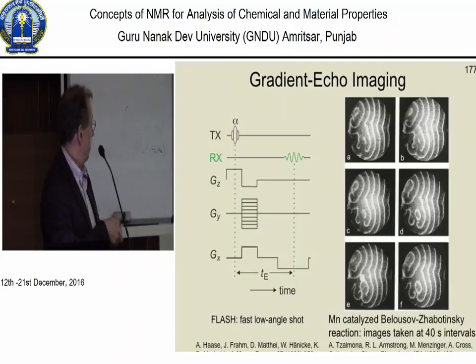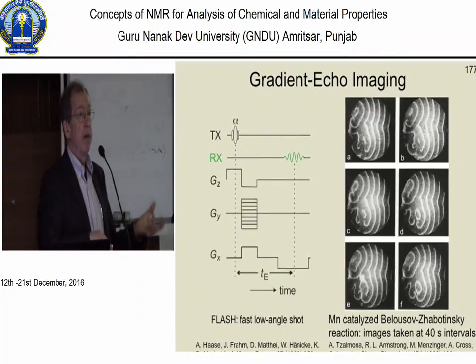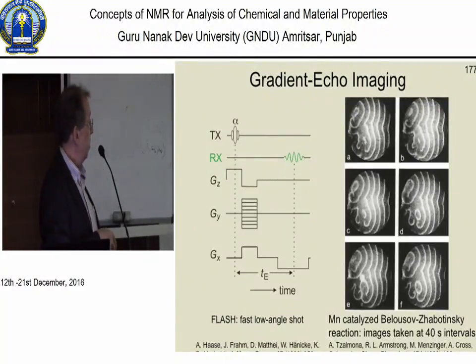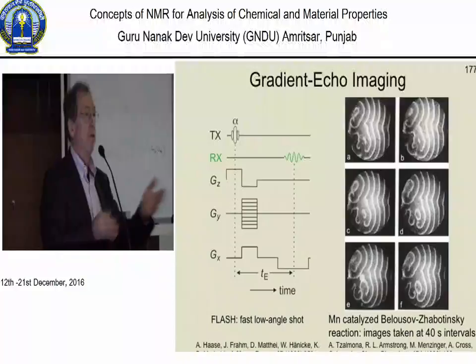There is the famous paper from 1986, and now that also allows us to look at dynamic phenomena, let's say in chemistry and chemical engineering, to do images, for example, of oscillating chemical reactions. Did you learn oscillating chemical reactions? The famous Belousov-Zhabotinsky reaction. It's a reaction that oscillates back and forth.